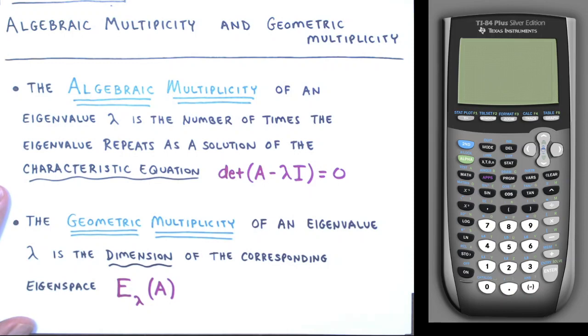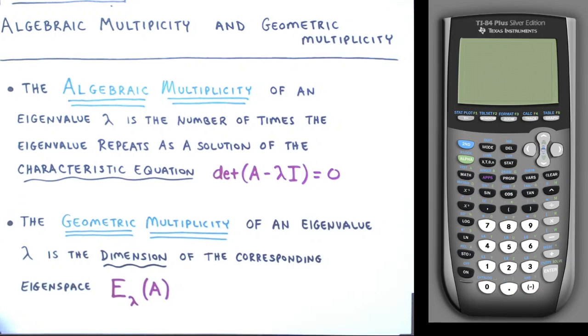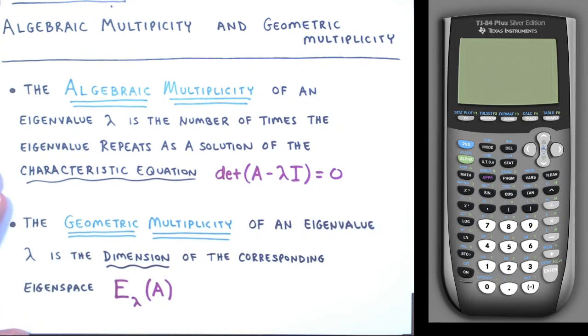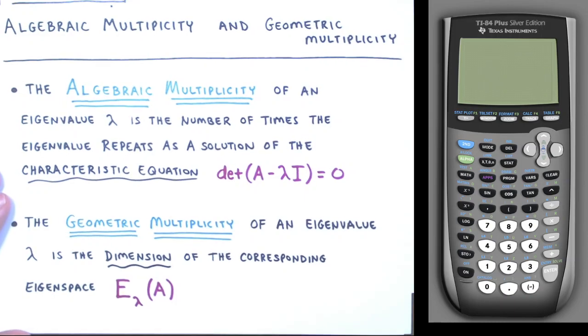Is it just repeating once, twice, 3 times? And you'll see that the power, or the exponent, on the factor that that particular eigenvalue makes equal 0 will be the multiplicity, or the algebraic multiplicity. And you'll see examples of that coming up.